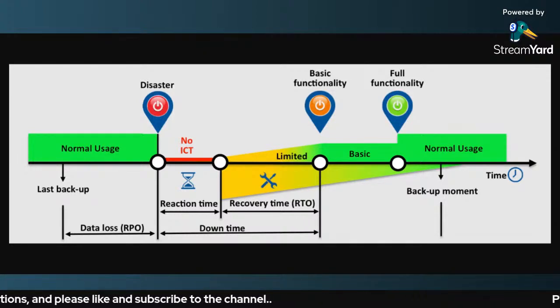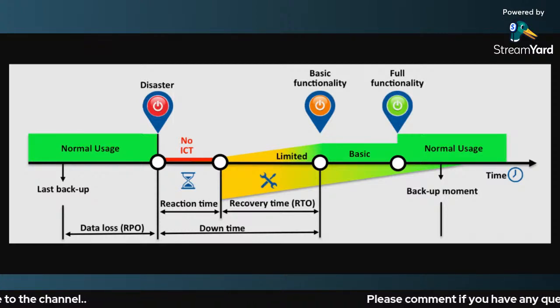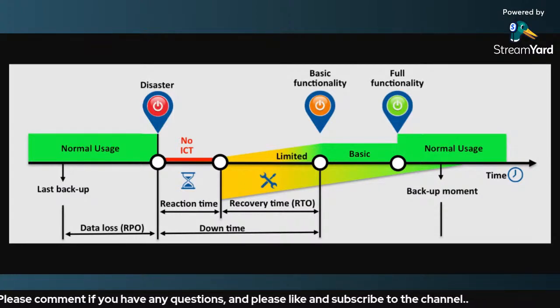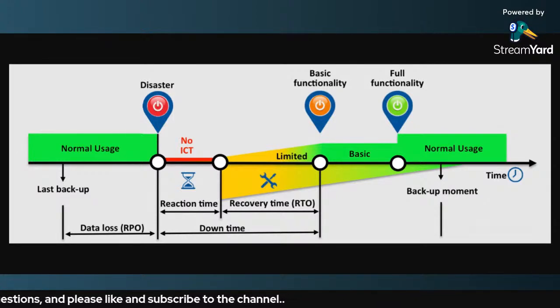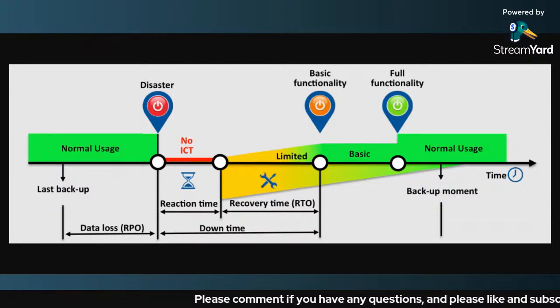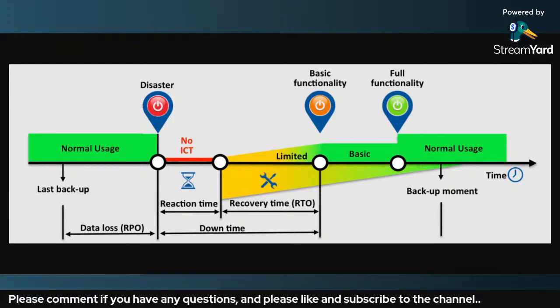For example, fire or flood can be disasters. So in cases of disasters and failures, how much data loss you can afford is the recovery point objective. It depends upon the last backup that you have taken, the difference between the last backup and when the disaster has occurred.